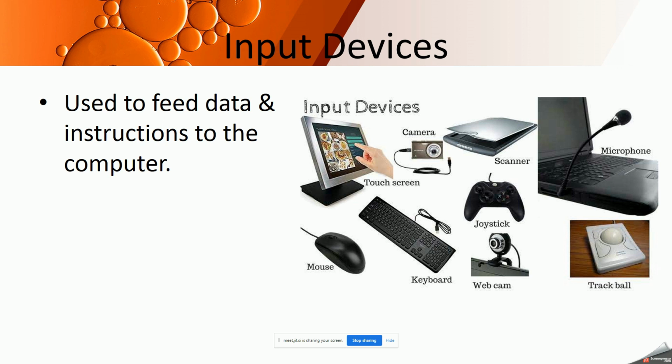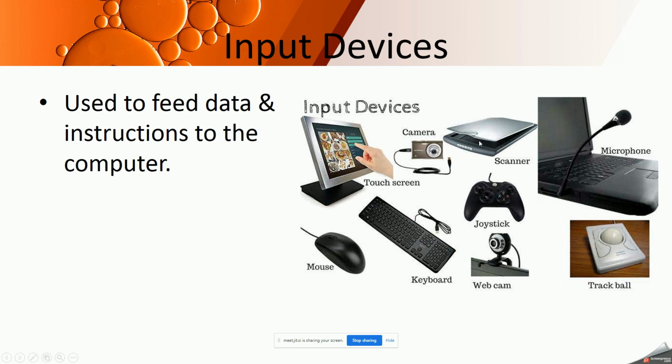But the part which is next to my mouth, the mouthpiece, the microphone, that is the input device. Why? Because I am speaking and my voice is getting fed into the computer and it's reaching you people. So for me, what is the input device which I am using? Microphone. I am using a microphone, not like this, but it is directly attached to my headset.